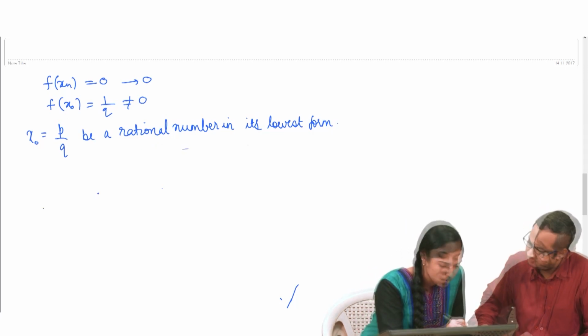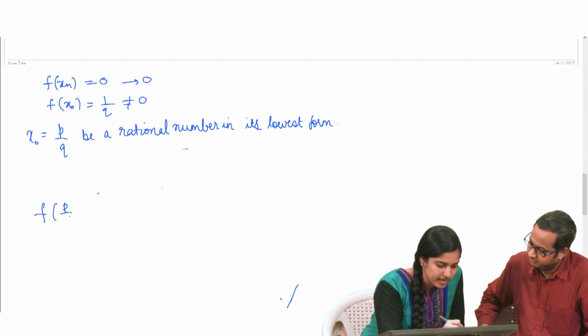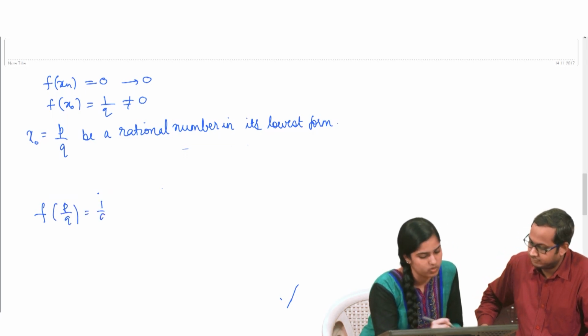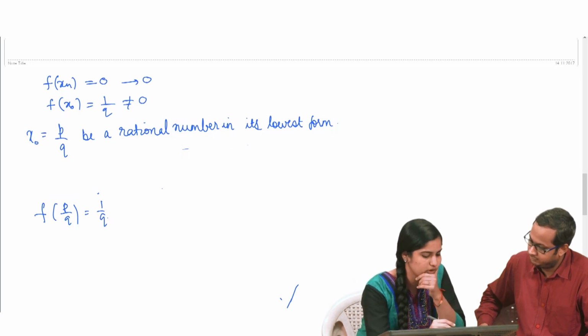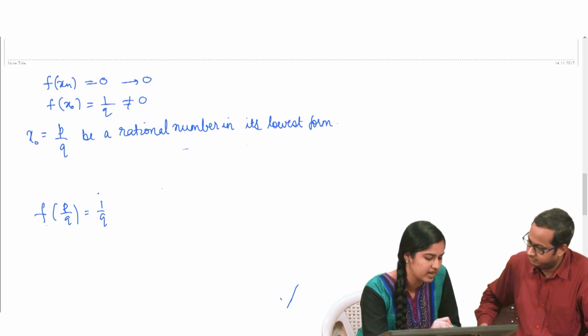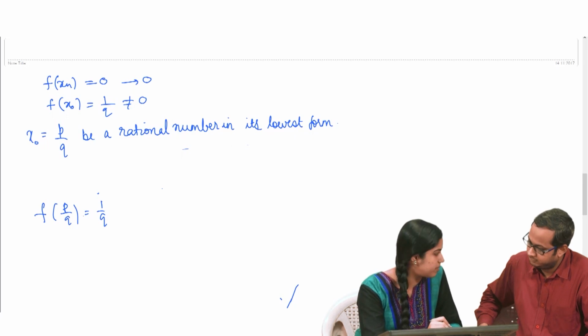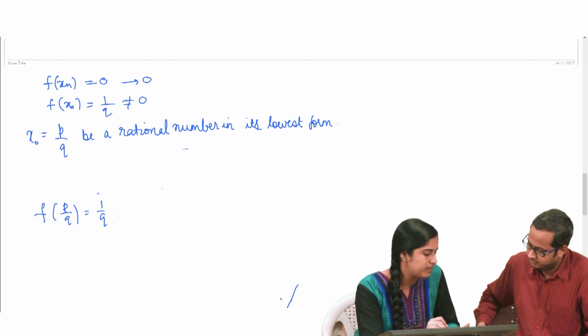So now we have that f of p by q is equal to 1 by q. So I guess we need to find an epsilon which will depend only on this q, because the function value is 1 by q for every p by q. I think we should find an epsilon which does not depend on p, but purely on q.